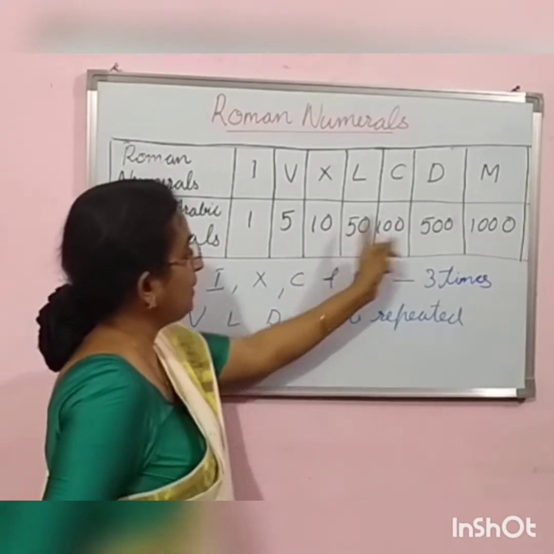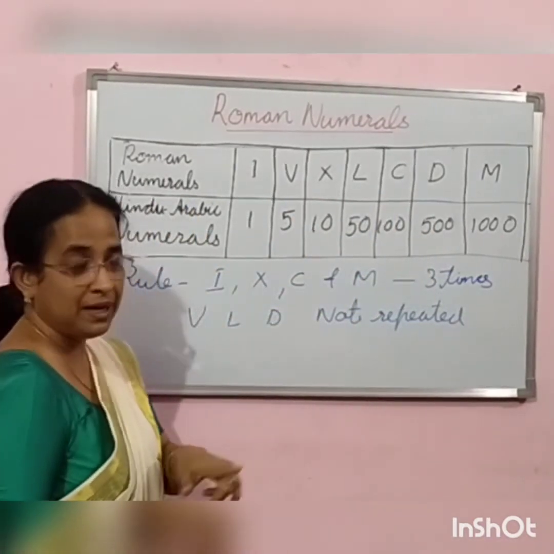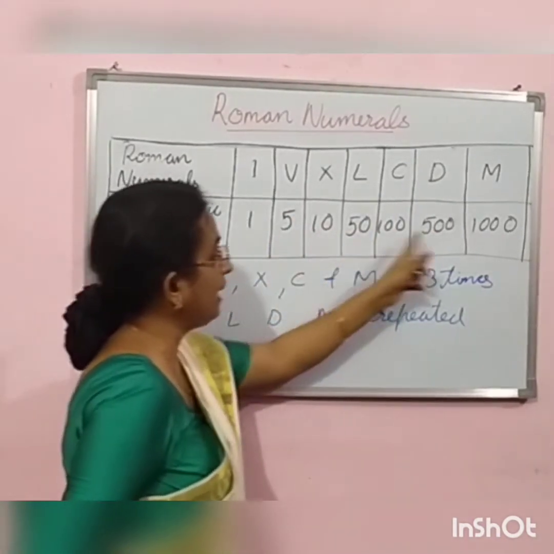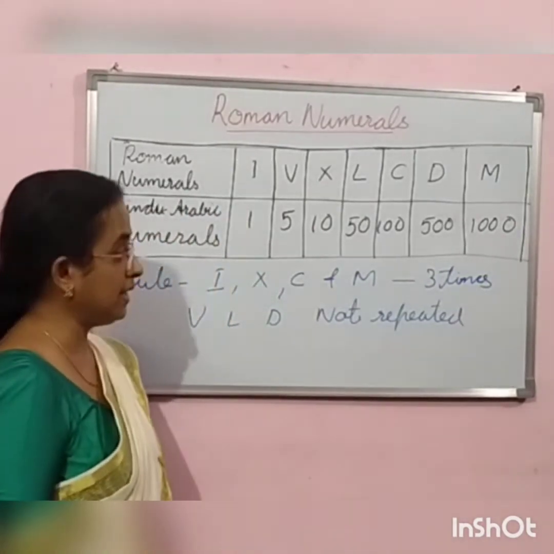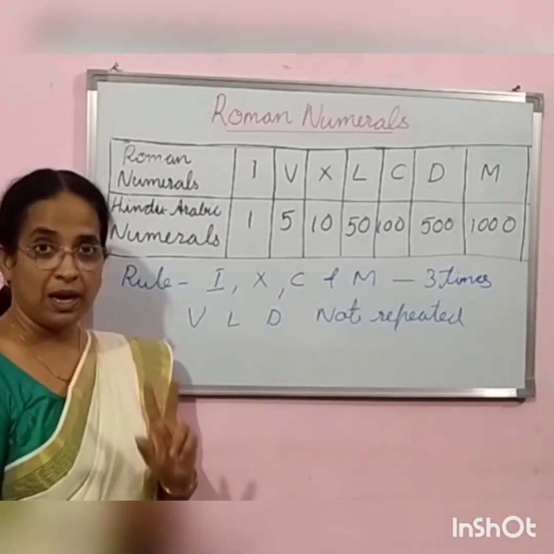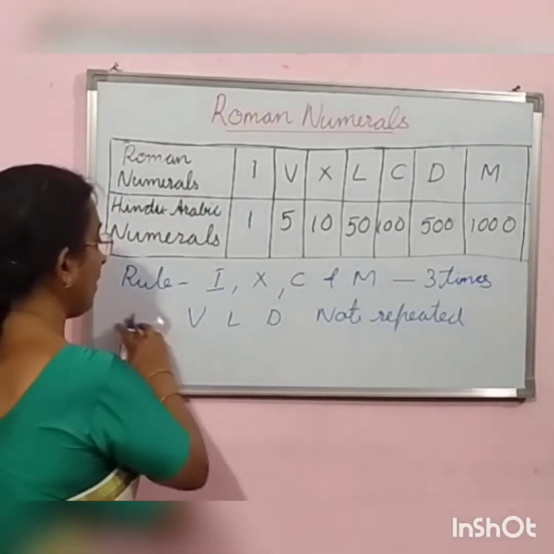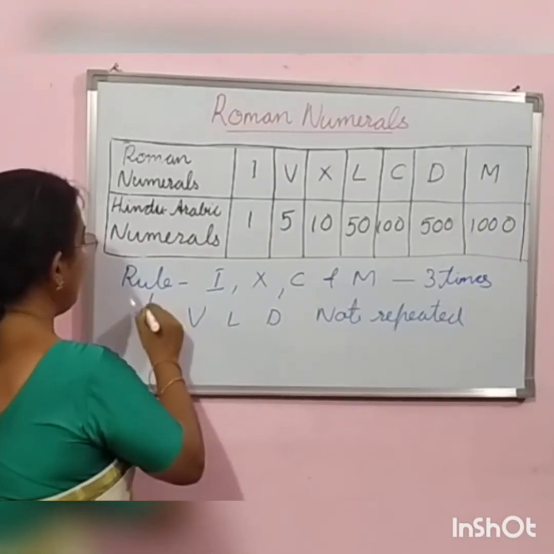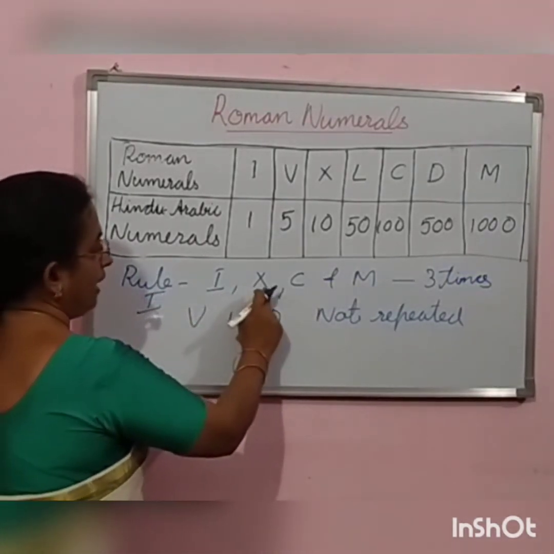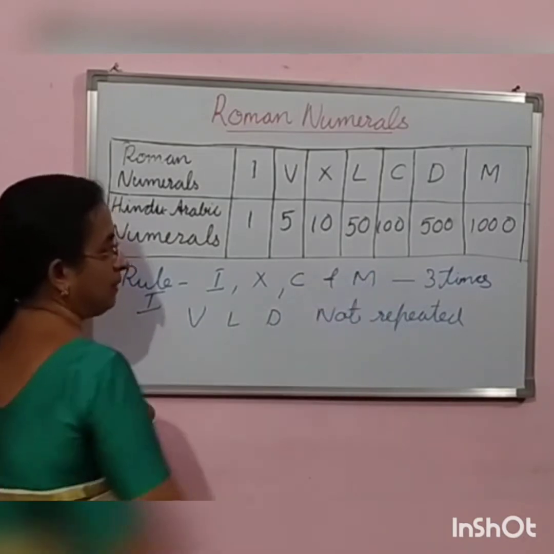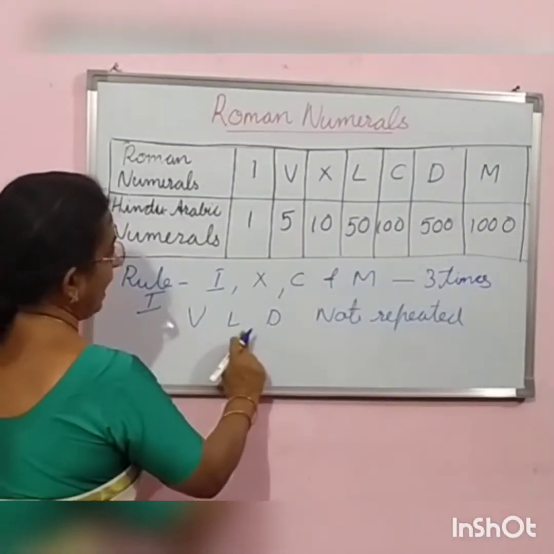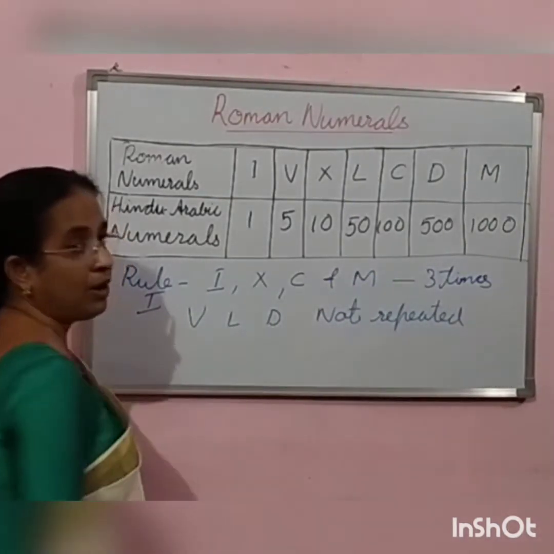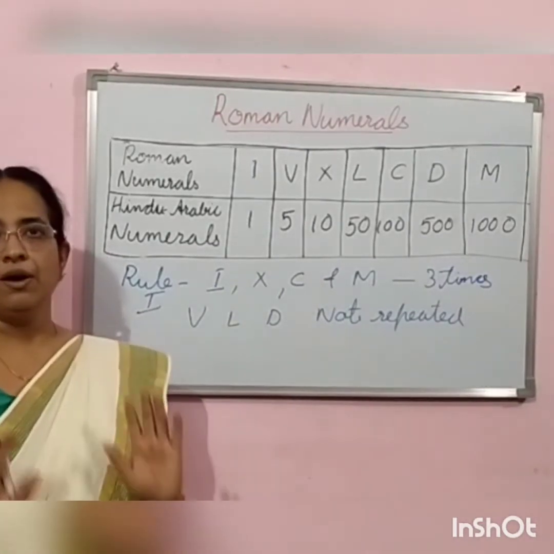Only 3 times. This is the first rule. Rule 1 is I, X, C, M are repeated 3 times; V, L, D are not repeated.